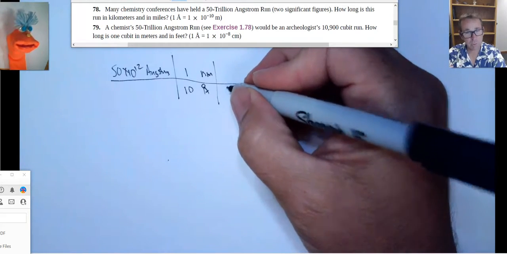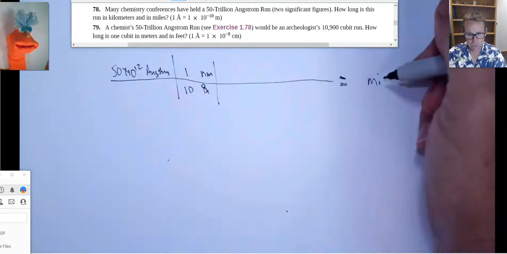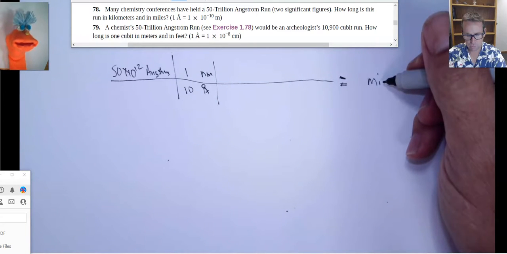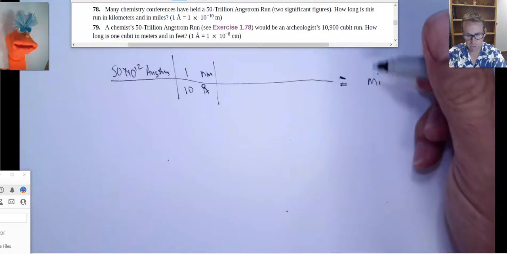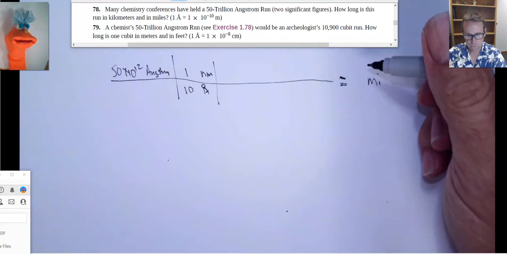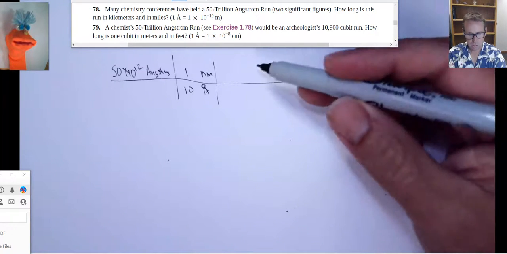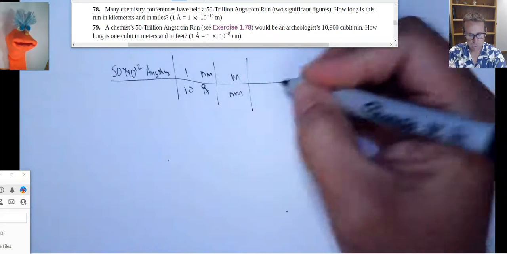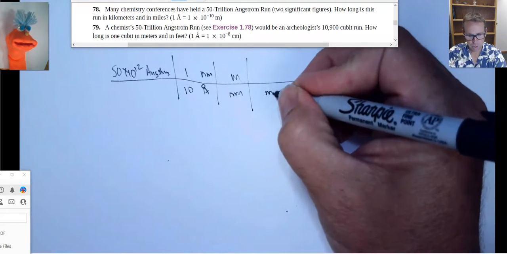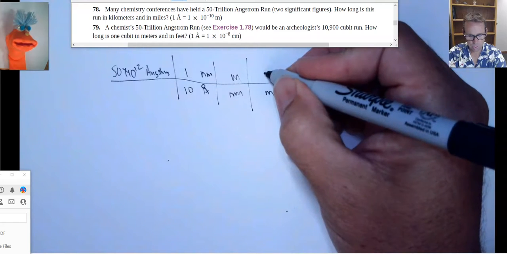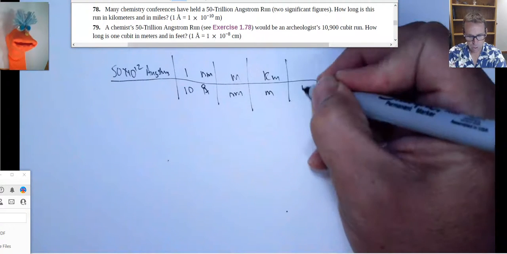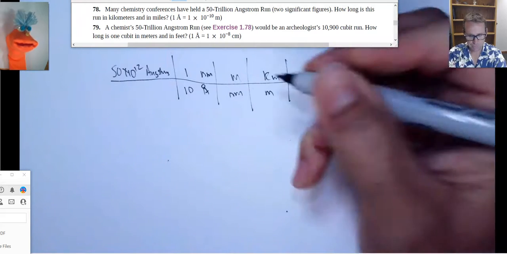I want to get from nanometers to meters, then from meters to kilometers, and then kilometers to miles.